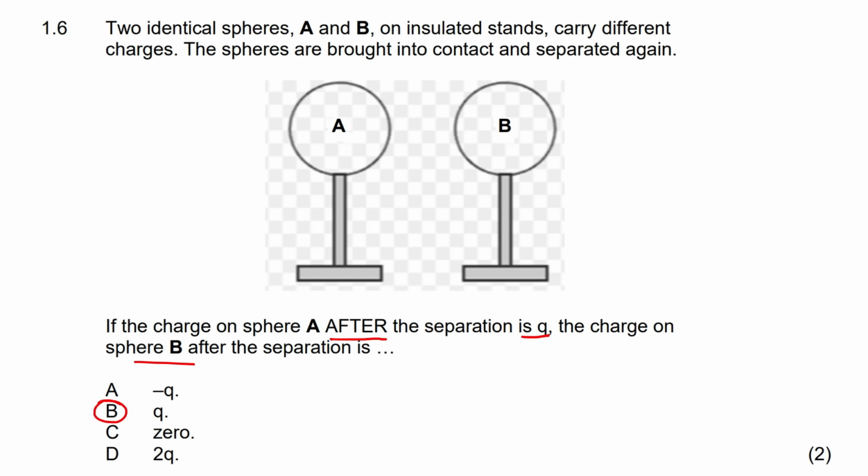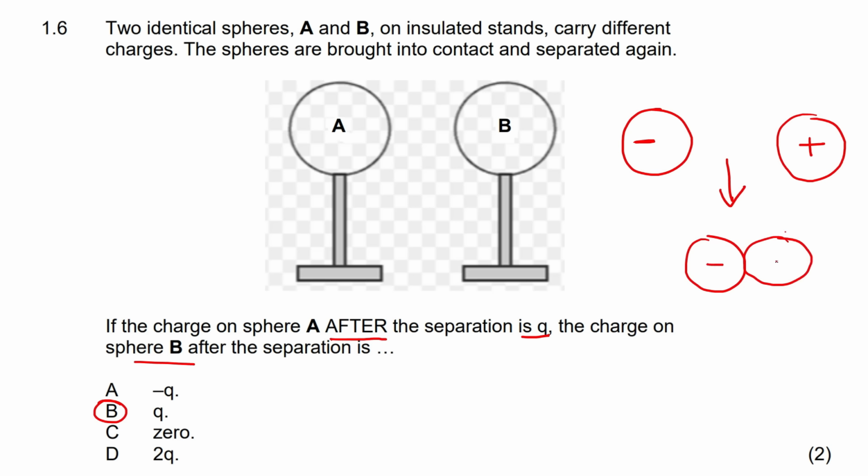So what we've learned is that when you have two spheres, let's say this one's very negative and this one's very positive. When you make them touch each other, then what happens? Well, electrons flow. They go from the one that's more negative to the one that's more positive.